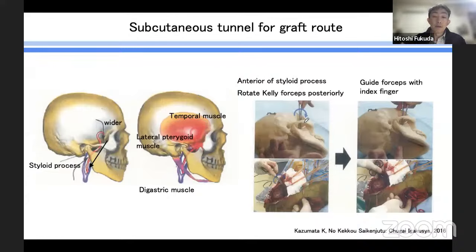At the infratemporal fossa, the forceps is rotated posteriorly to touch the index finger. And then finally, the tip of the forceps is guided into the cervical portion by the index finger.